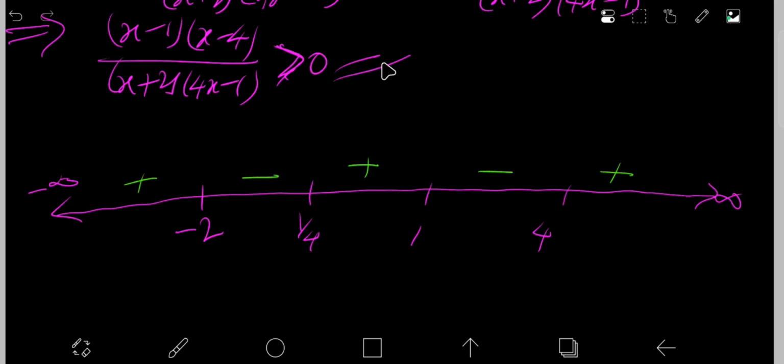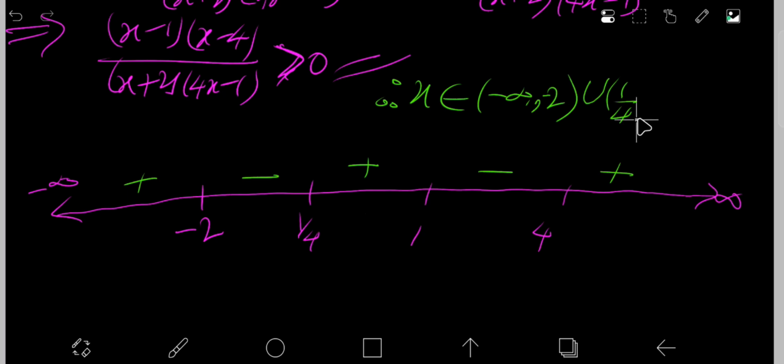We take greater than interval, no? Only we take greater. So final solution is x belongs to, we take only positive intervals, so minus infinity to minus 2, union this interval also contains plus, means 1 by 4 to 1, and union the rightmost interval also contains a plus sign, so 4 to infinity.